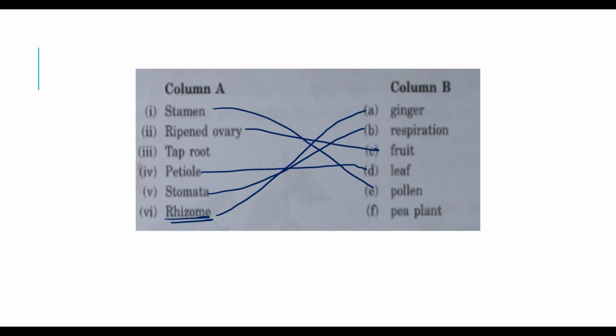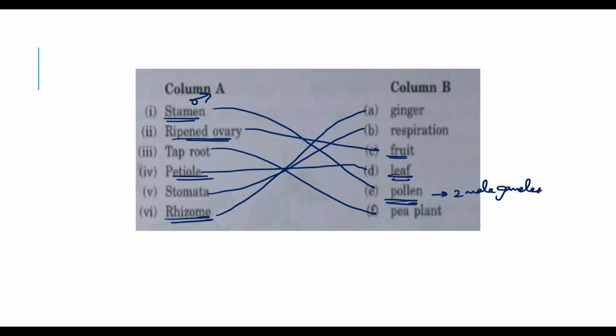Stamen has pollen in it. Taproot is found in pea plant. Okay. So we know stamen is the male reproductive part. It has the pollen grains which have the two male gametes in them, right? And just now we discussed ovary gets ripened to form fruit. Petiole, it is the stalk of the leaf.